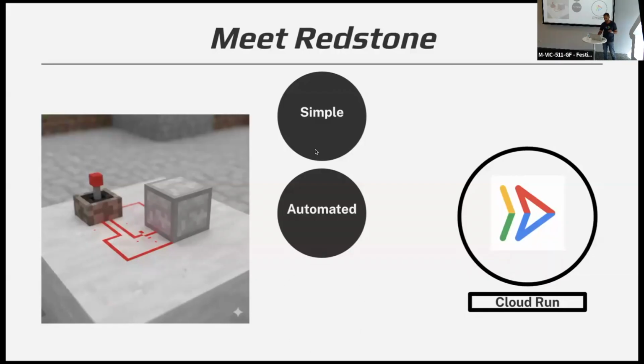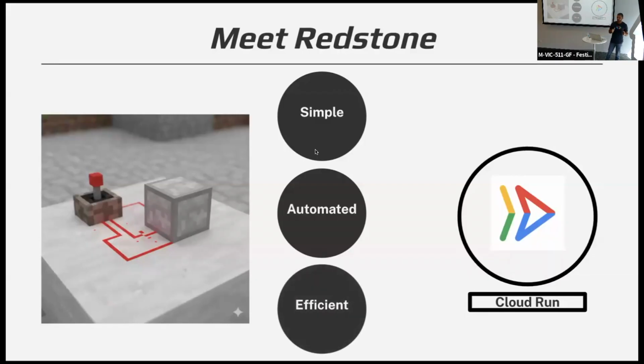So you don't pay anything. And it is very efficient. Now, it sounds really good. Being a developer, I think this will be my go-to service. As a developer, we love efficiency and simplicity. So our first instinct would be to just go with Redstone on Google Cloud Run.